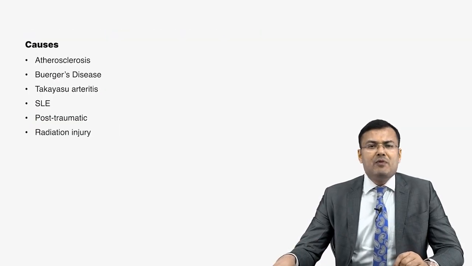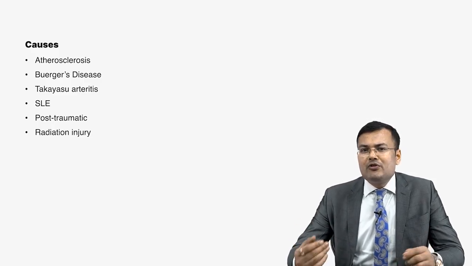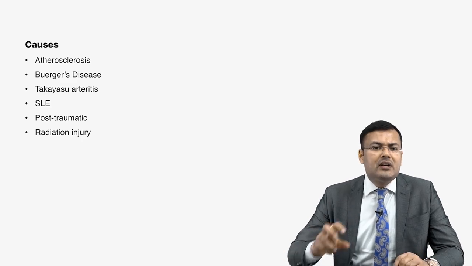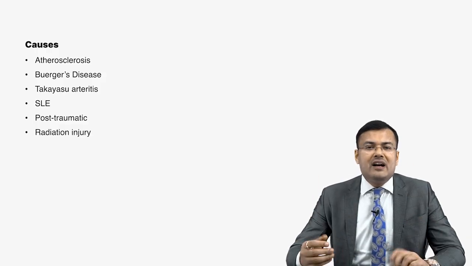Next question, tell me what is the most common cause of peripheral arterial occlusion? And you know, it is atherosclerosis. Atherosclerosis is one of the most common causes of most of the conditions in arterial disorders.